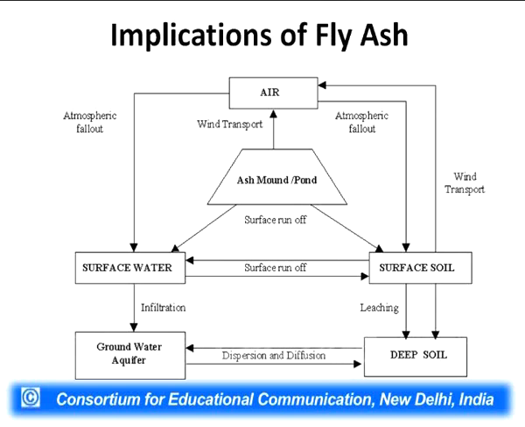So it can reach the air. What happens if it reaches the air? Through wind transport, etc., it will become part of the atmosphere, and after some time with the help of rain it will reach the surface water, and from there ultimately it can go to the groundwater aquifer.